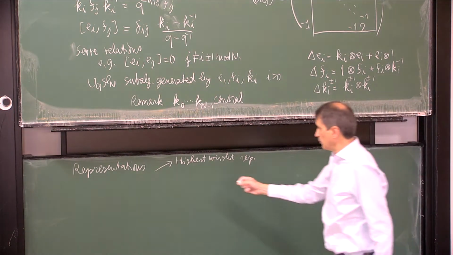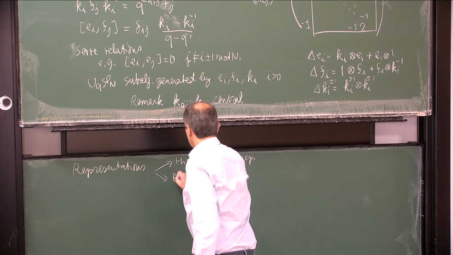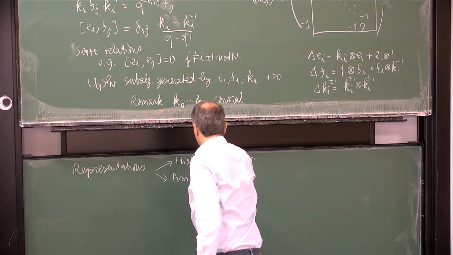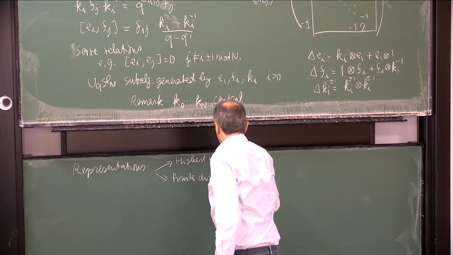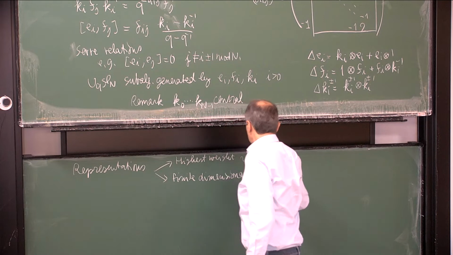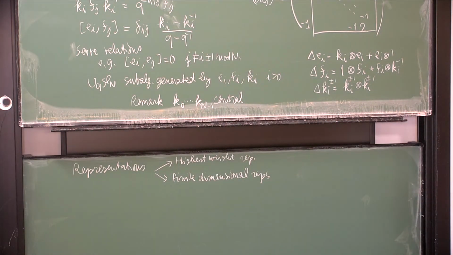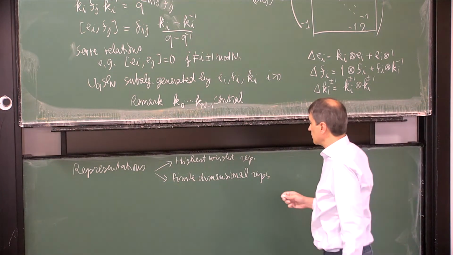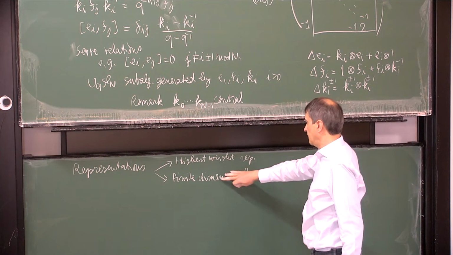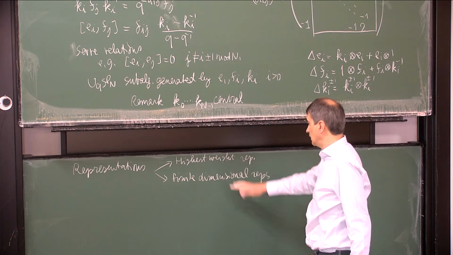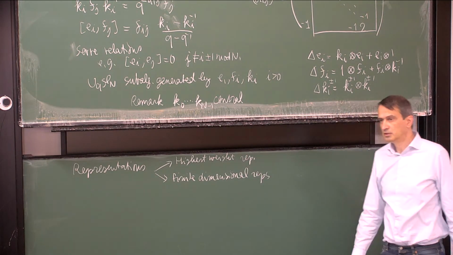And then you have, for instance, finite dimensional representations. And they are not highest weight, and I will give some examples of those. And so the theory here is very different than the theory here. So if it's finite dimensional, how can it not be highest weight?